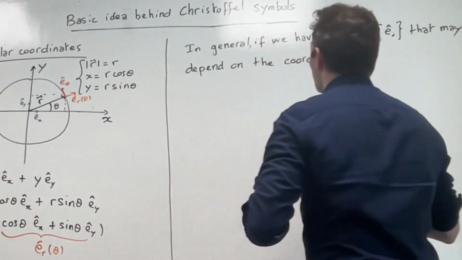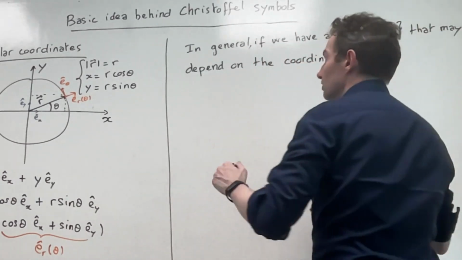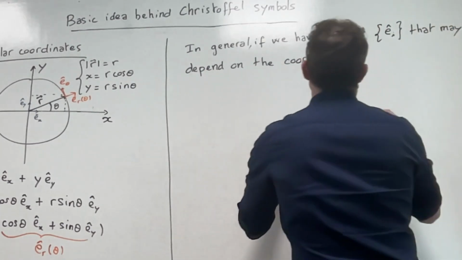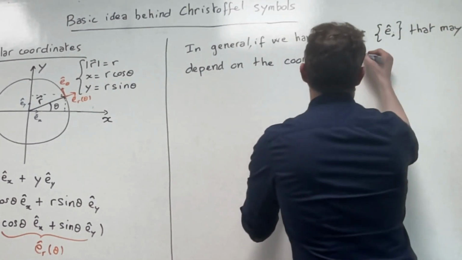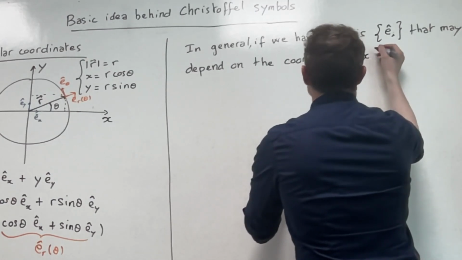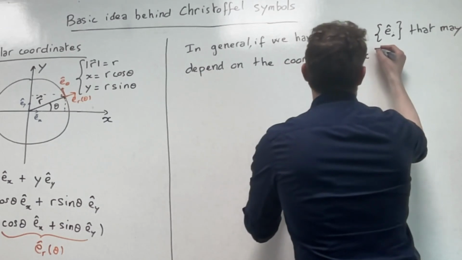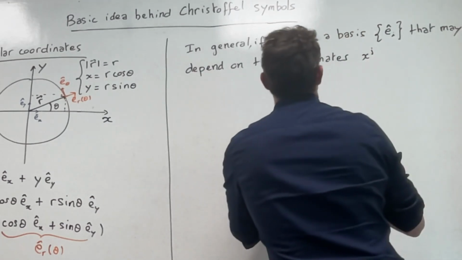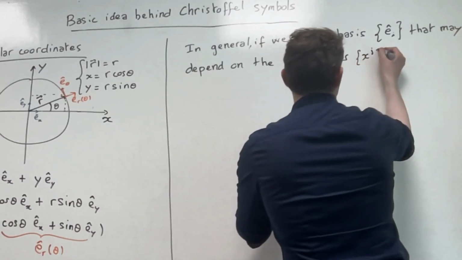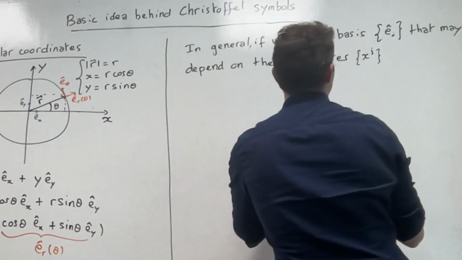Okay, so you could think of GPS coordinate system, for example, something like this. So depend on the coordinates that I'm going to call here just x, for example, xj, doesn't matter. And again, it can depend on any subset of these coordinates.